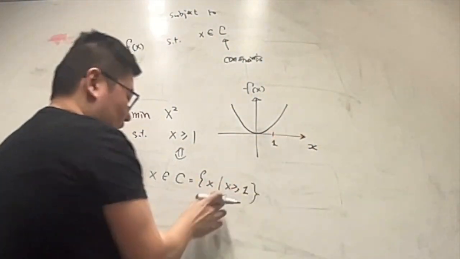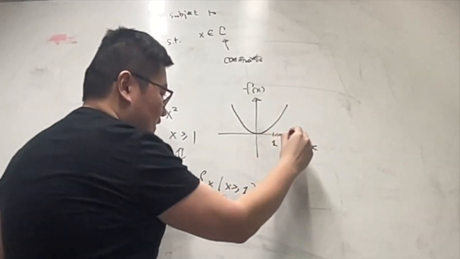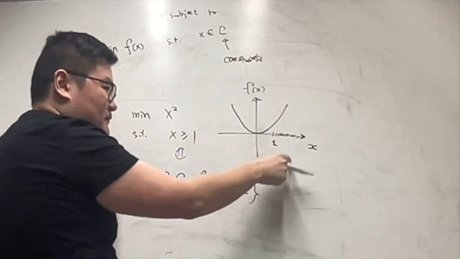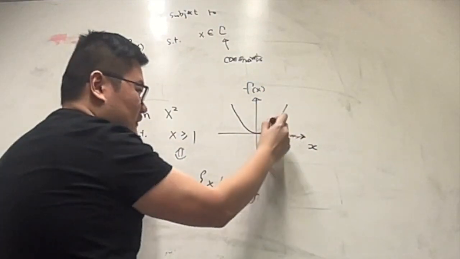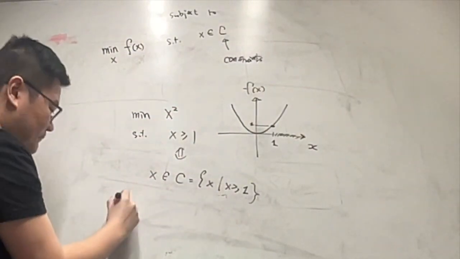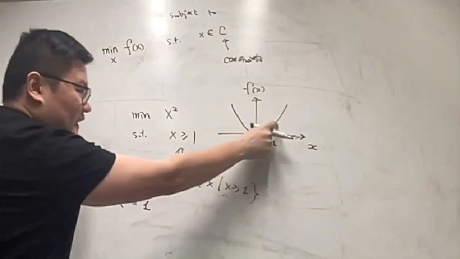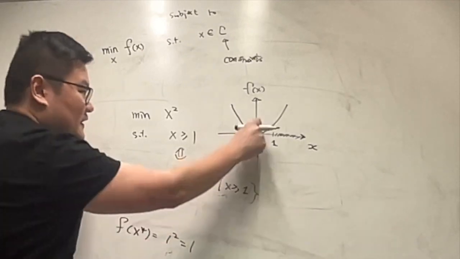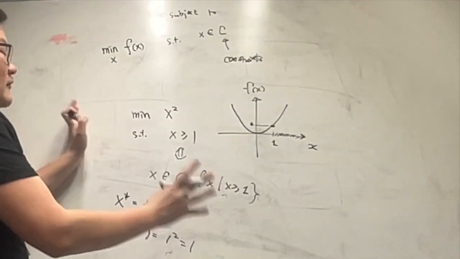This is 1. Any x larger than 1 means this region. So it's saying that I want to find the smallest value of this curve subject to x being within this region. Then it will be here, which is something like 1. So for this particular example, the optimum solution x will be 1 because it's here, and the optimum function value will be 1 squared, that is 1, which is here. So for this particular problem, we know how to solve it.